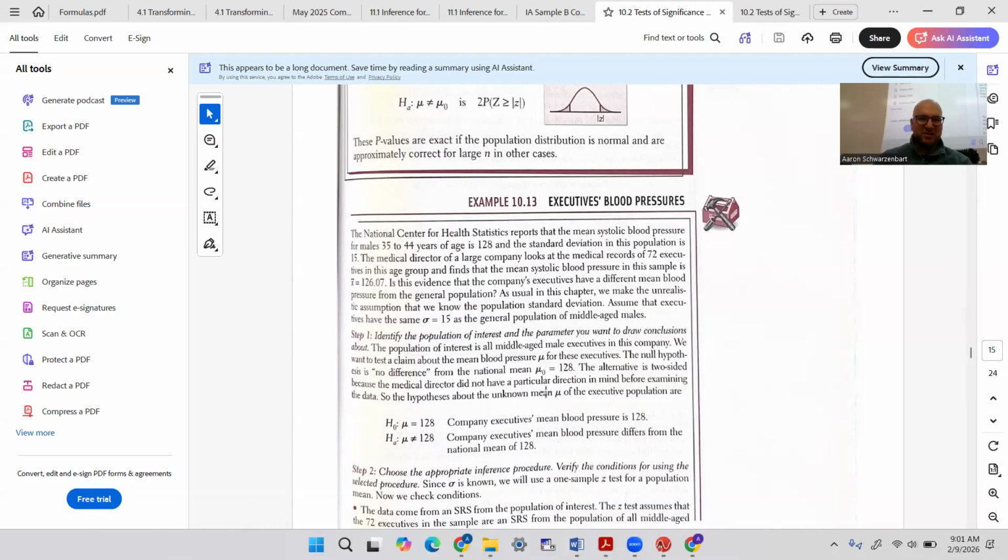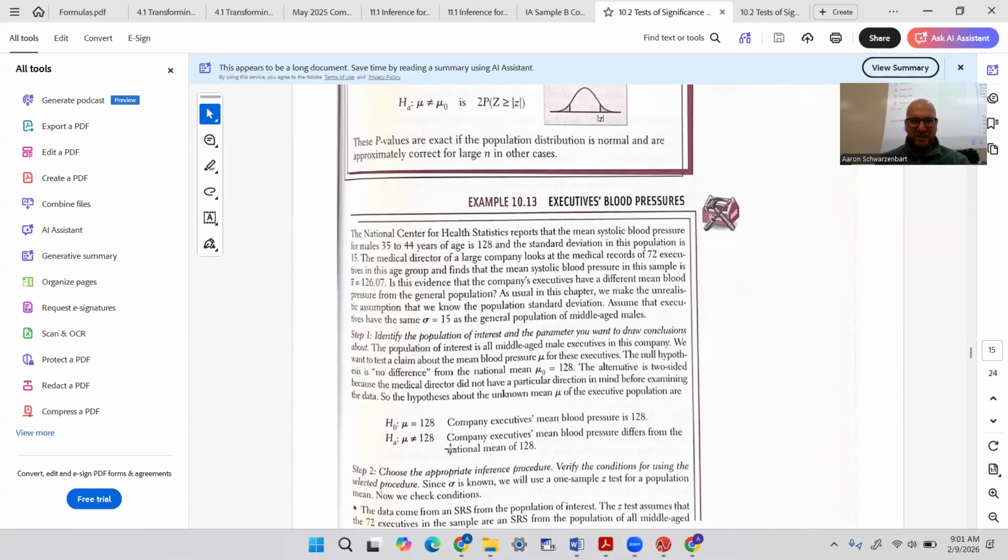Our population of interest is this company's executives 35 to 44. It's not all executives 35 to 44. We already have that data. We want to know if our company's different. So H naught: mu equals 128. HA: mu is not equal to 128.